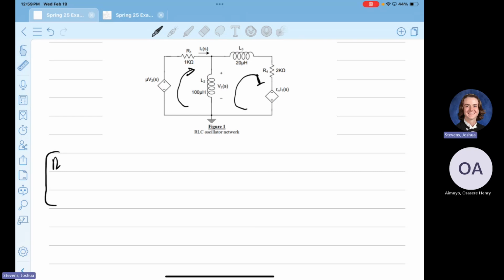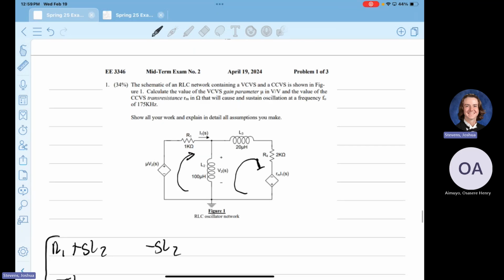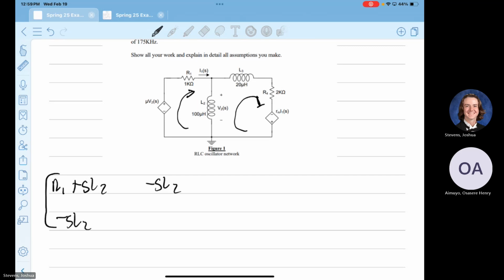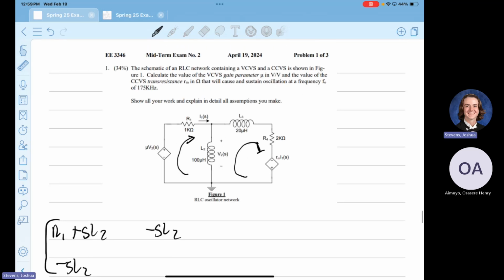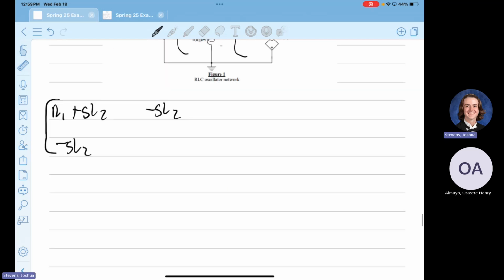So R1 plus SL2, minus SL2, minus SL2. This was also my test. When I took it in my semester, this was the test problem. So the variables, they're not horrible. Negative SL2.